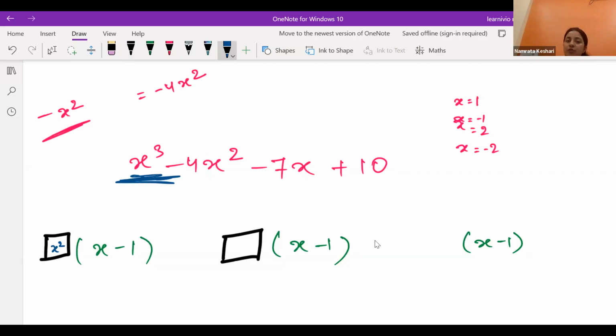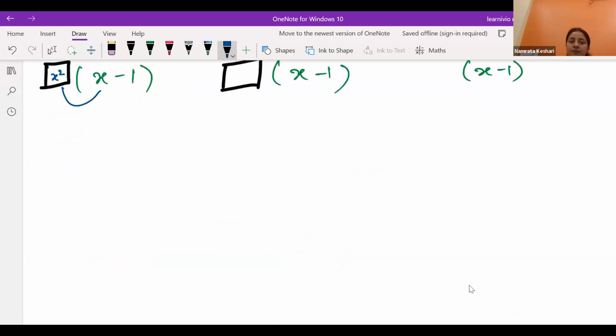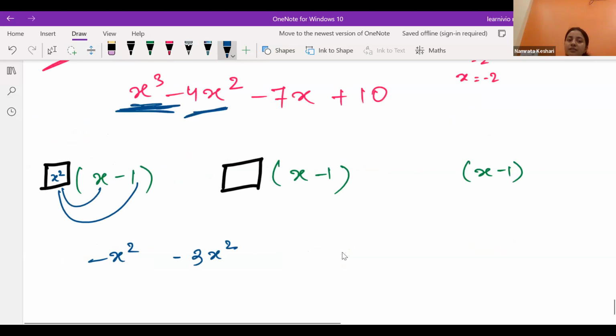See, you want to create 4x square, but already we are having minus x square in hand. Can you see? Yes, ma'am. So can we say only minus 3x square is needed now? Yes, ma'am. Okay, so instead of 4x, can I write minus 3x? Yes. Are you getting it, LF? Yes, ma'am.